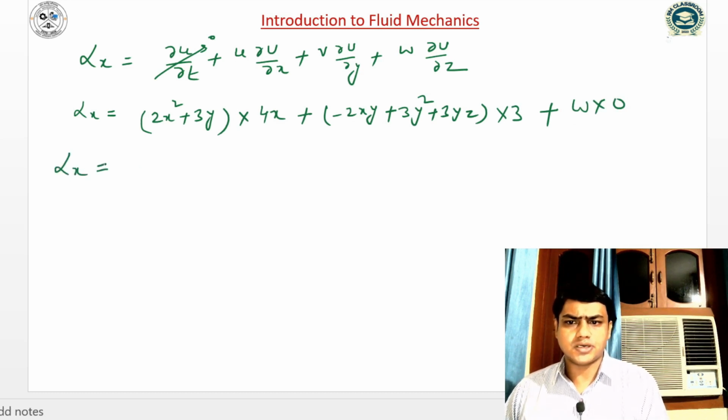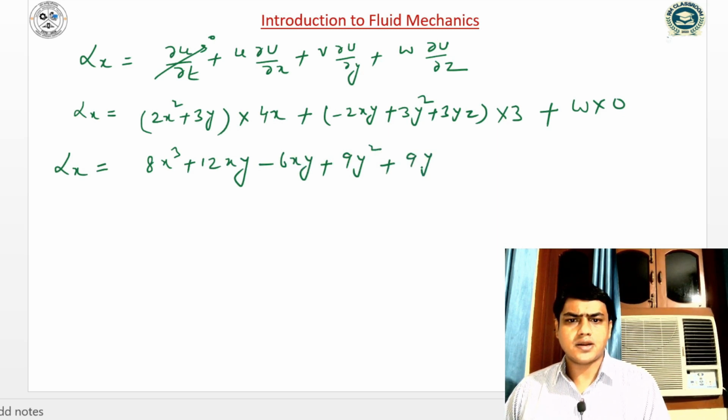So alpha x can be written as 4 into 2, so it will be 8x cube plus 12xy minus 6xy plus 9y square plus 9yz. We have to find the acceleration at point 1 1 1.